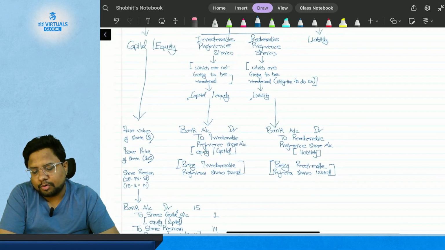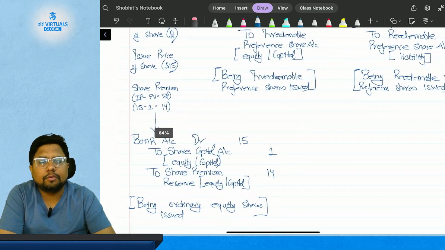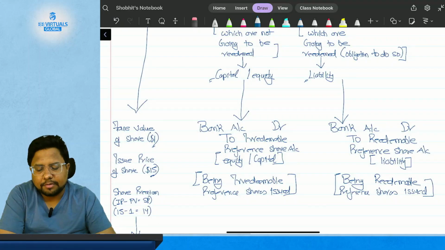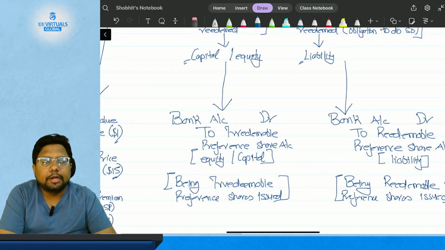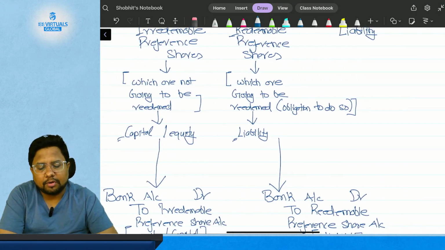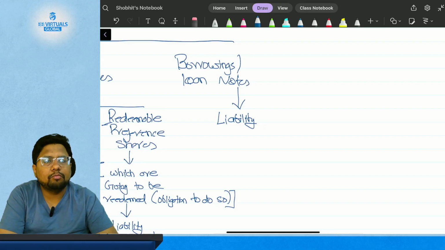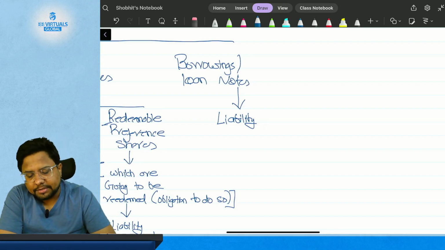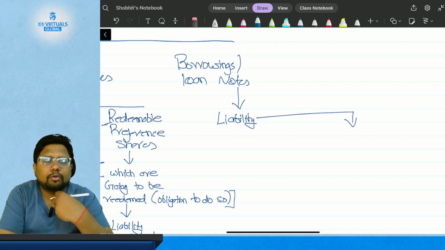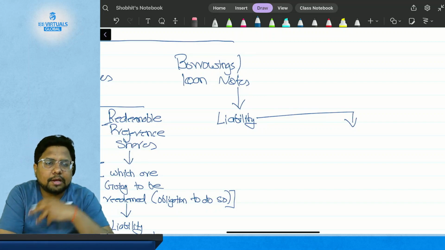Got it? So what we have studied till now is the journal entry and adjustment for issue of ordinary equity shares, then the issue of irredeemable preference shares, and then the issue of redeemable preference shares. Now what is left is to record the journal entry for borrowings and loans. As this is a liability, taking the amount in the form of a loan or borrowing, you are getting the money against the loan.